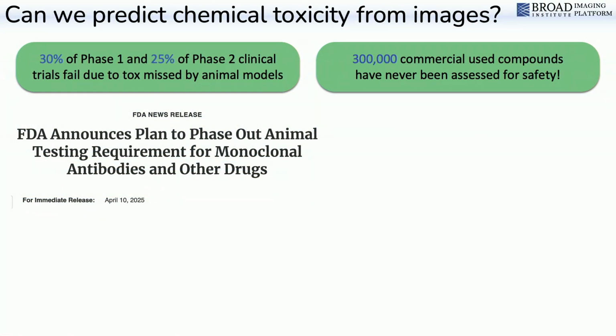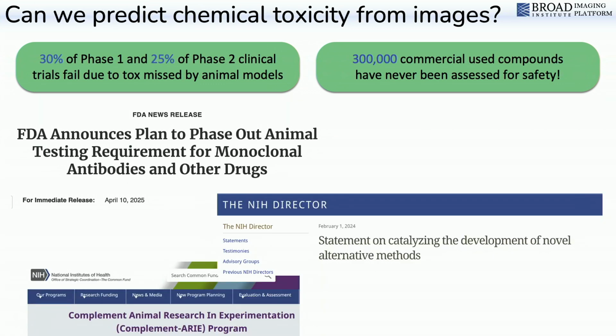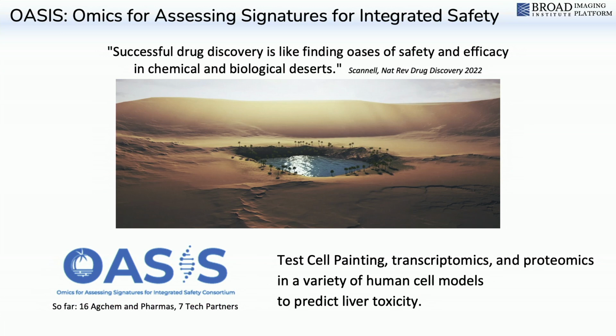Thankfully, it's not just last month that this has come up. The US government, as well as Europe and Japan, have been moving in this direction for years. And so what can we do about this? We're creating a consortium called OASIS.